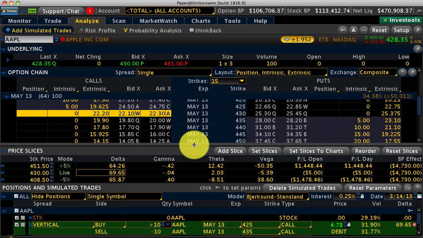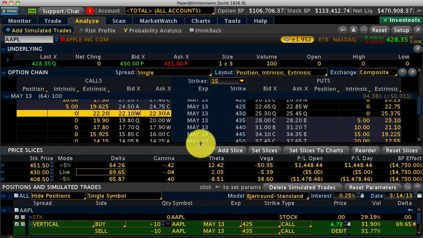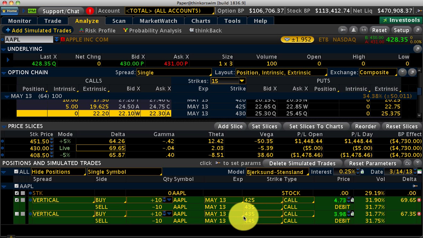Whereas if you looked at the 435 call, now we are looking at this one, the 435, 445. If Apple goes up to 435, then your 435 call is going to be at the money. The 445, which was already out of the money, is going to be further out of the money.